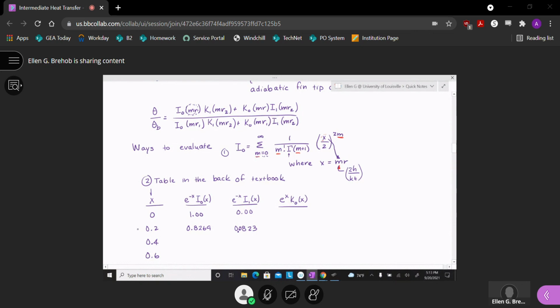But let's say we have 0.2. Then you look over. If I want I0, I don't know why they do it in this form, but you have to then divide it by e to the minus x to back out an I0. Okay. And you can see that the Bessel function of the first kind of order 1 appears here. So that's why they've given it in this table in the textbook.